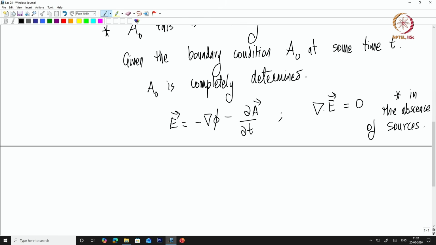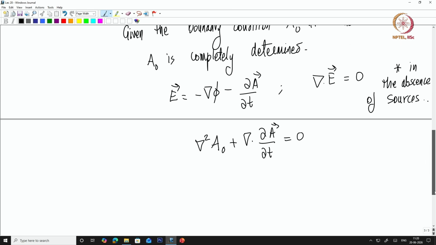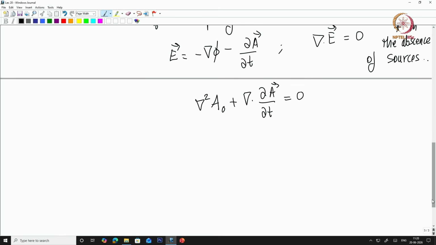Until I mention sources, we are not considering sources. You can expand del dot E is equal to 0 and use this expression, and this gives me del square A0 plus del dot del A bar by dt is equal to 0, and this can be solved for A0 of x, for example.